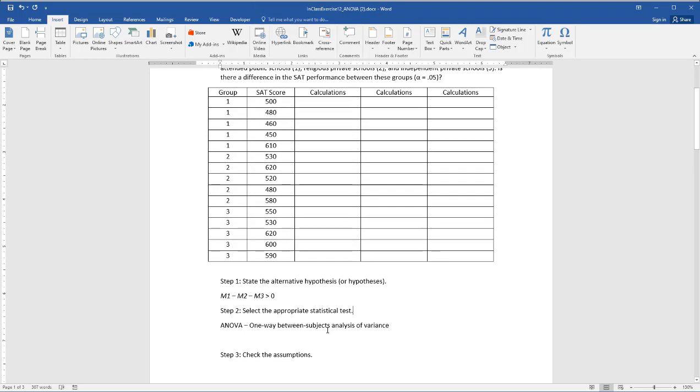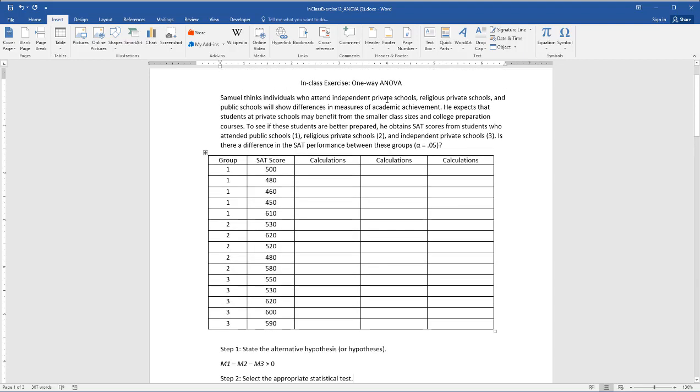The first two, independence and randomness, we could check by looking at how he collected the data, and we could read the question more carefully. I don't think it says anything about those here. The other two, we could look at graphs, we could look at Levene's test, and in SPSS it will give you those fairly readily.